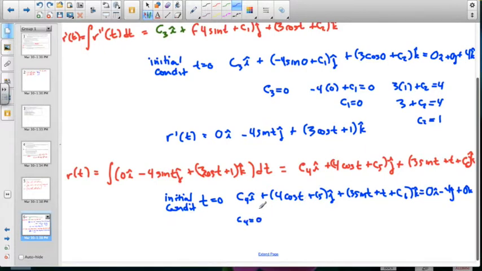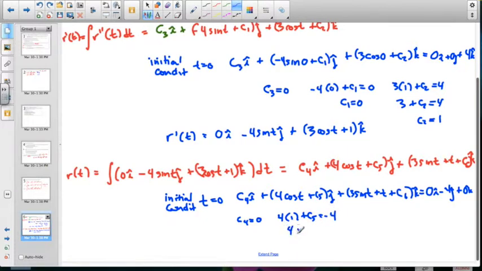Again, I didn't have to include this, but just in case an initial condition pops up for that component, it's always nice to have it there. For my j, I have 4 times cosine of 0. Cosine of 0 is 1. Plus C5, so there is the j component evaluated at t equals 0, and that equals negative 4.